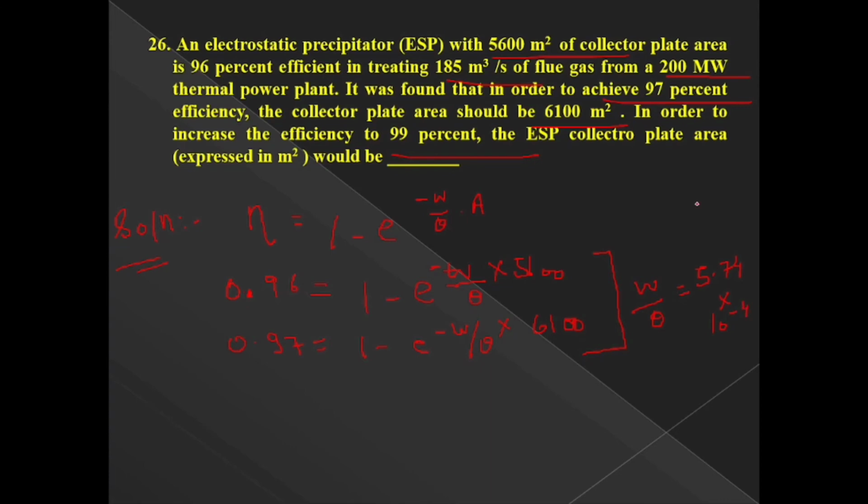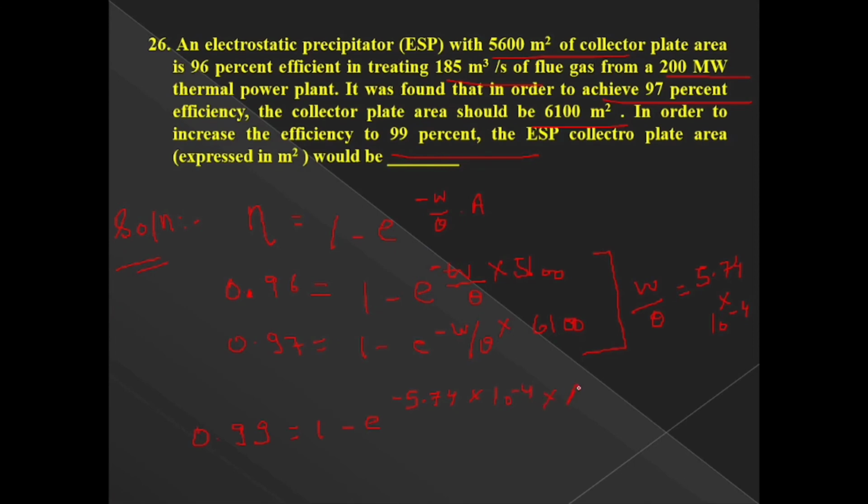Now we have to calculate according to 99% efficiency. So 0.99 is equal to 1 minus e to the power minus 5.748 into 10 to the power minus 4 into area.